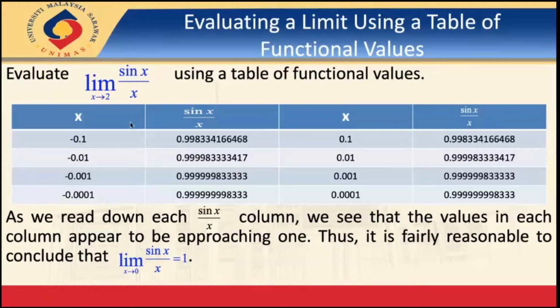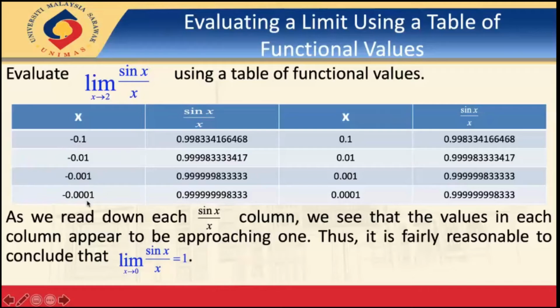So we can say that it's very close to 1. In the same way, negative 0.01, its value is also very close to 1. And similarly negative 0.001, you see, the input value is getting closer to 0, and the output value is also very close to 1.